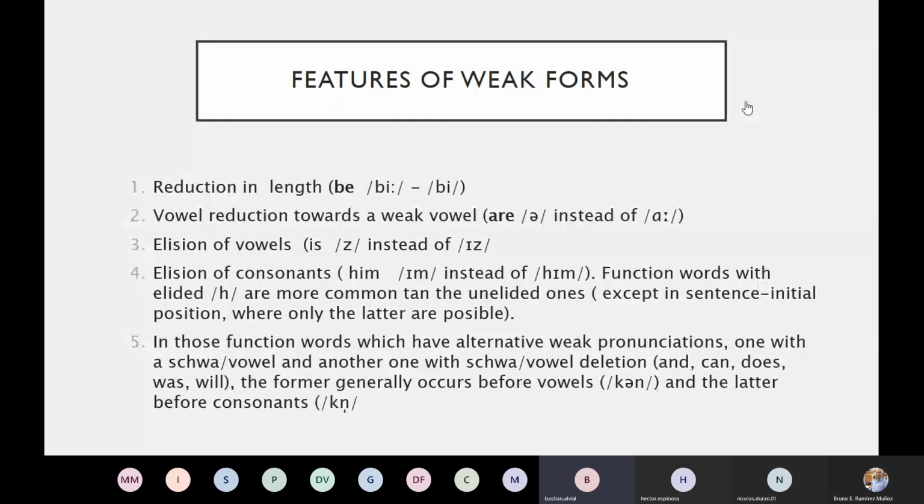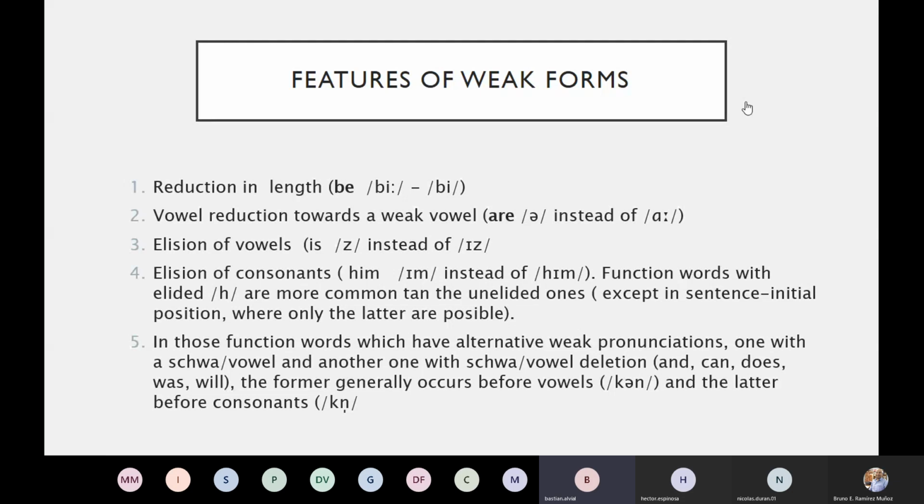A reduction in length, from long to short. Vowel reductions towards a weak vowel. Elisions of vowels. Elision of consonants, 'im instead of him.